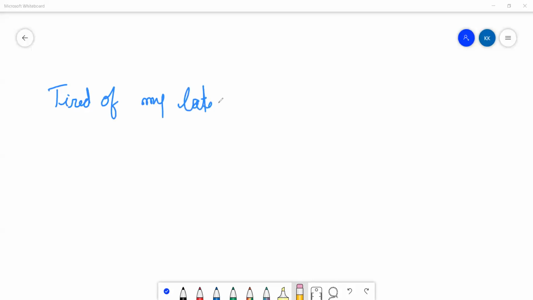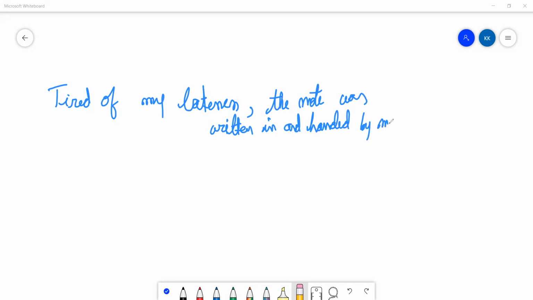Tired of my lateness, the note was written and handed by my teacher. Identify, please. Dangling or misplaced modifier.